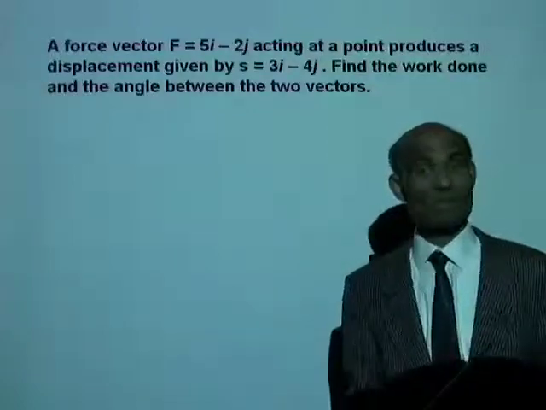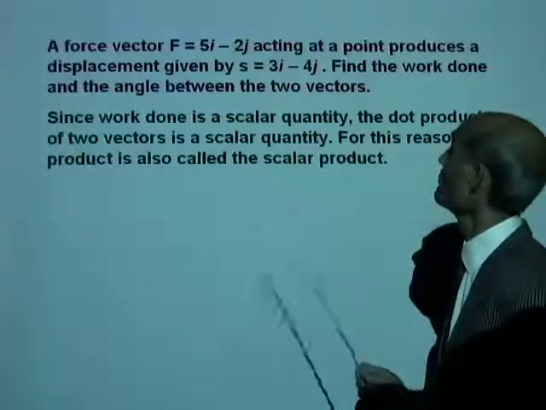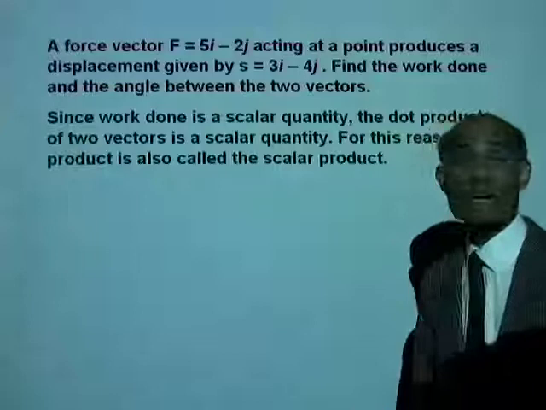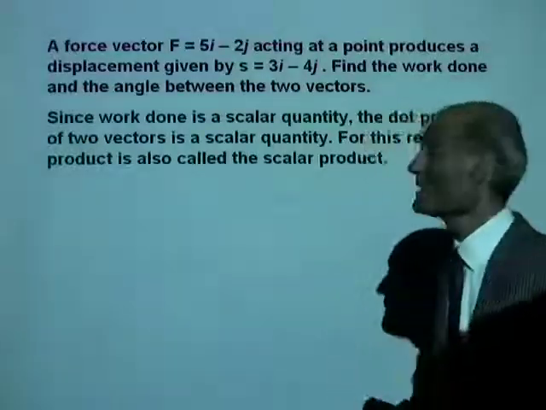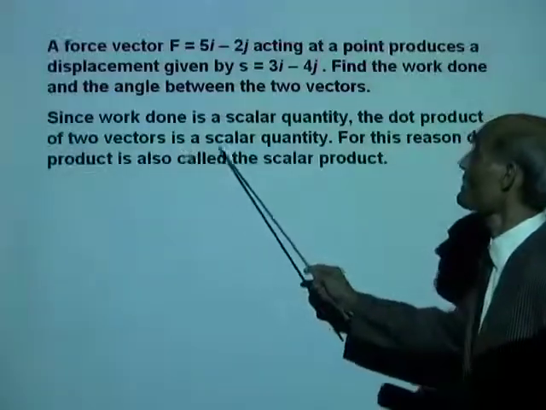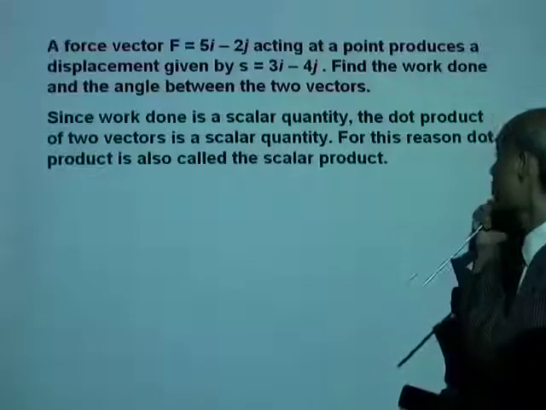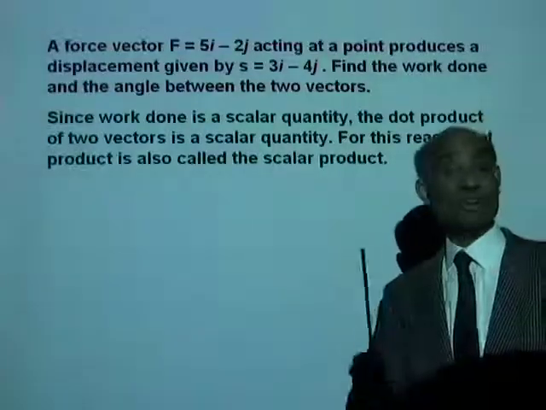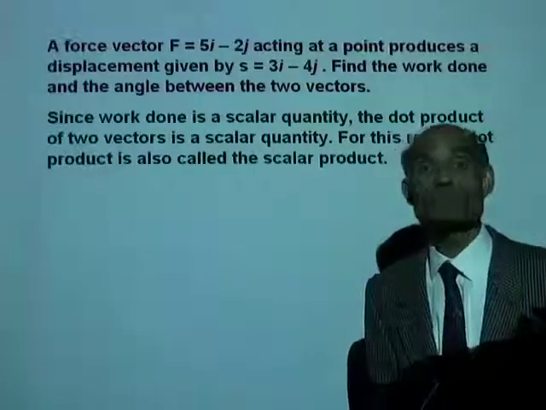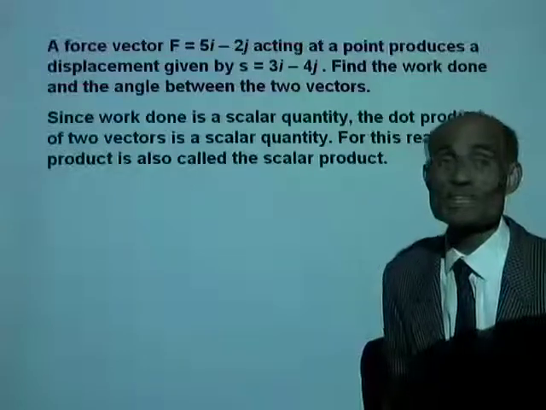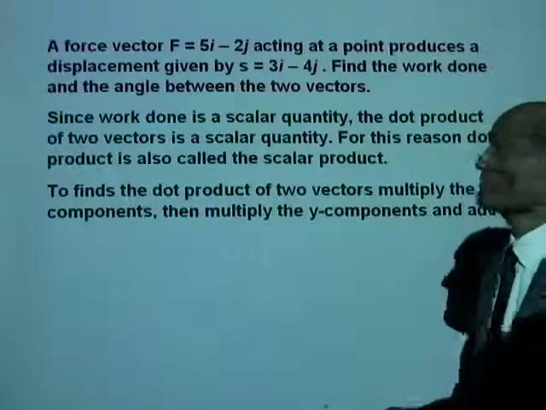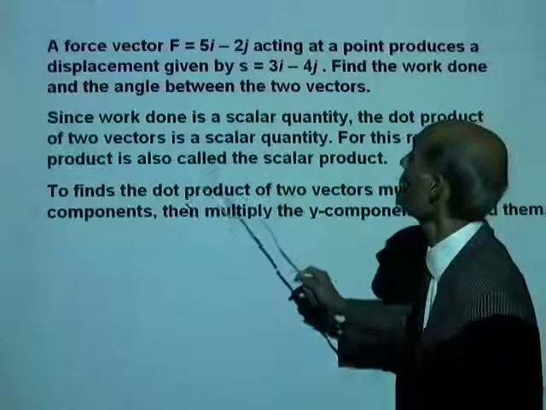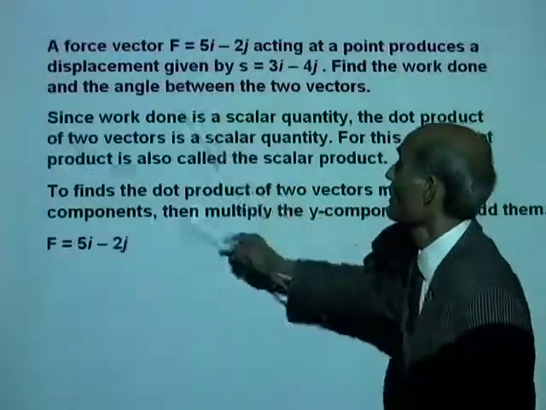The same problem as the one we did before. Since the work done is a scalar quantity, the dot product of the vectors is a scalar quantity, and for this reason I told you the dot product is also called the scalar product of two vectors. And you know how to find the dot product.